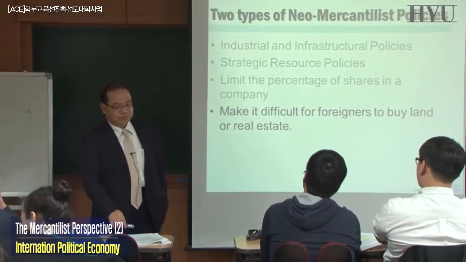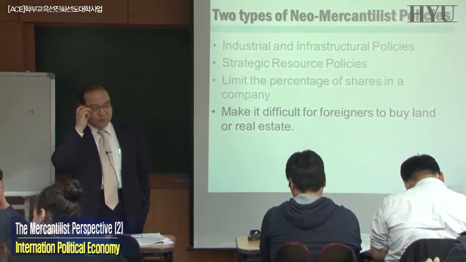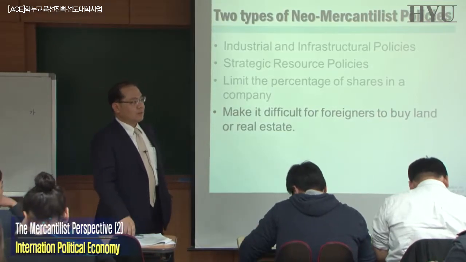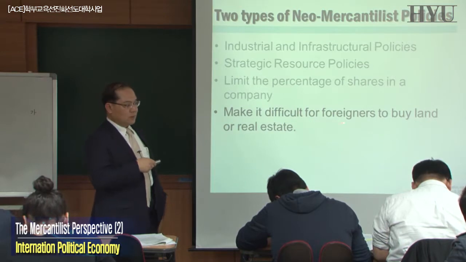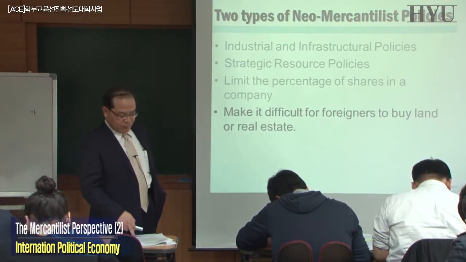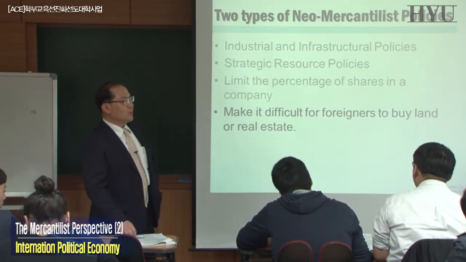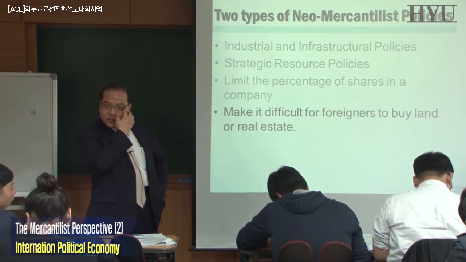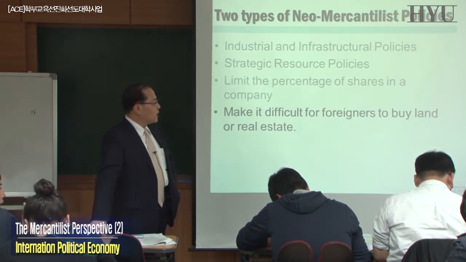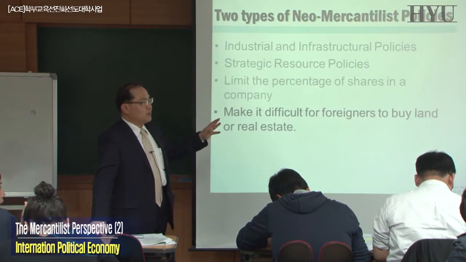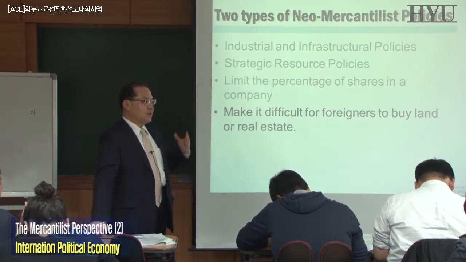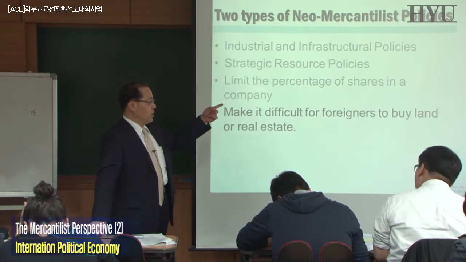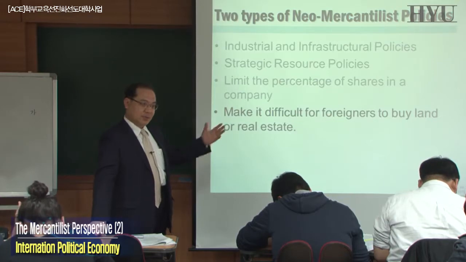So infrastructural and industrial policy, if you read the remaining 2 pages, it has arguments that every government uses some sort of industrial policy, right? Limiting foreign shares in a company.